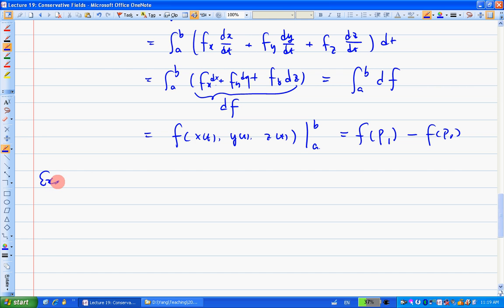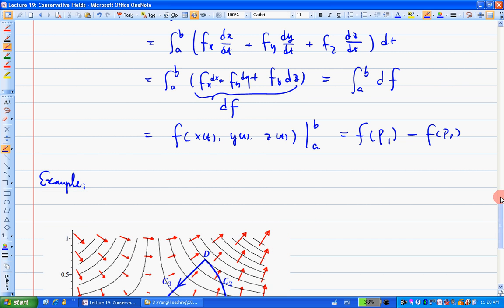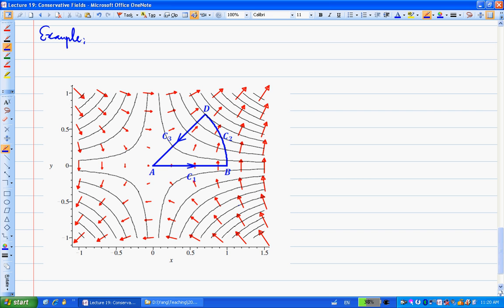So let's take a look at an example here. This is an example I think in the tutorial, basically this line integral example. You have a piece of pizza, or a loop, inside this vector field, and now we're trying to calculate the line integral over this closed loop along the edges.